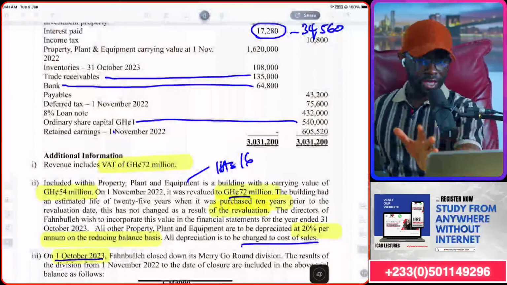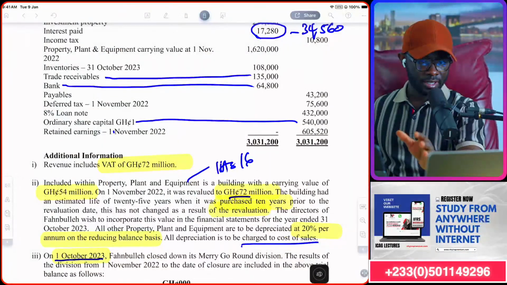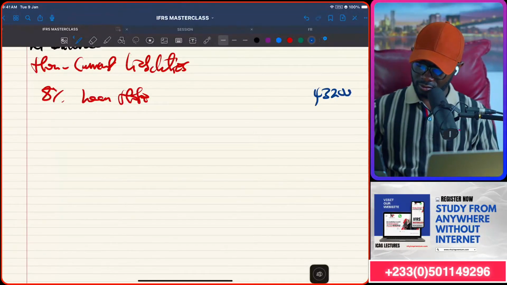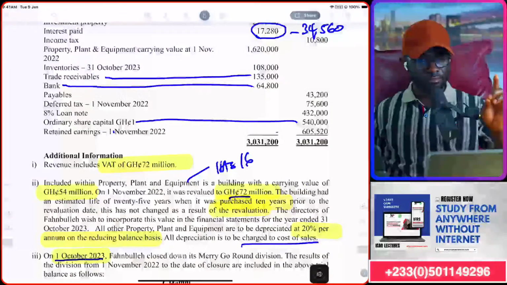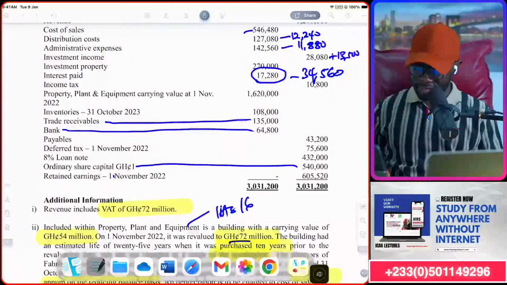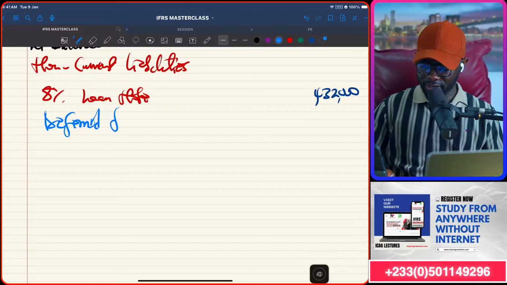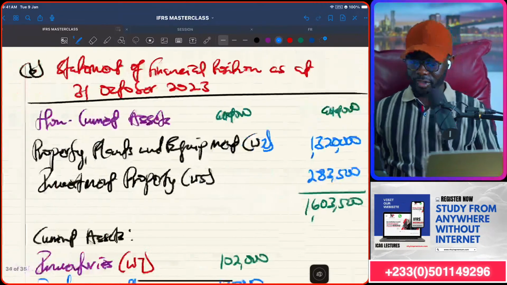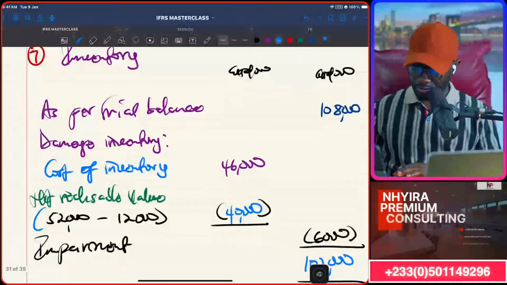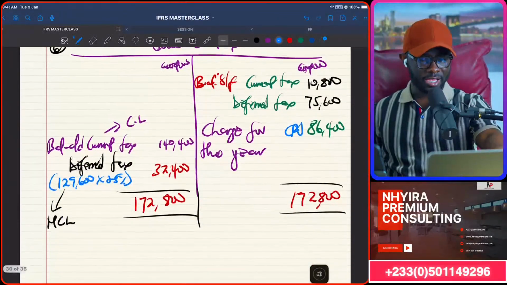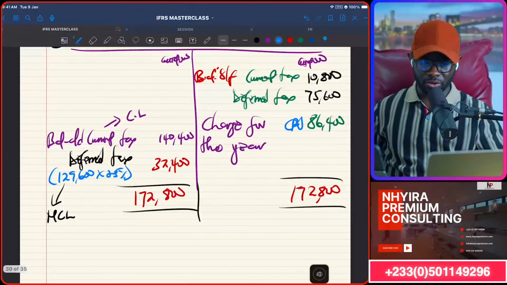The total figure there is 432,000. Then what else will come? The deferred tax that we did is a non-current liability. So from the tax account we prepared in working 6, the deferred tax closing figure is 32,400.